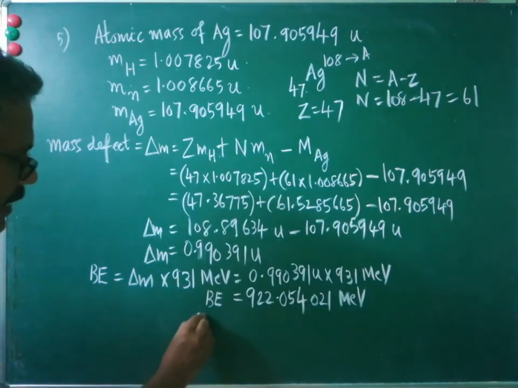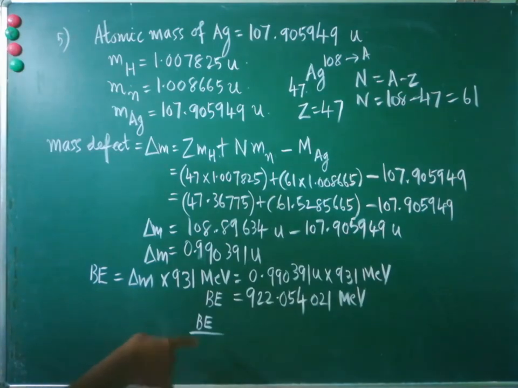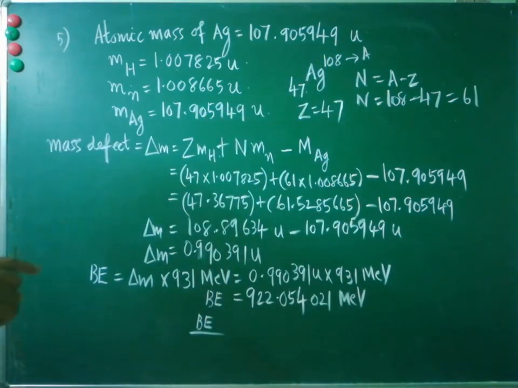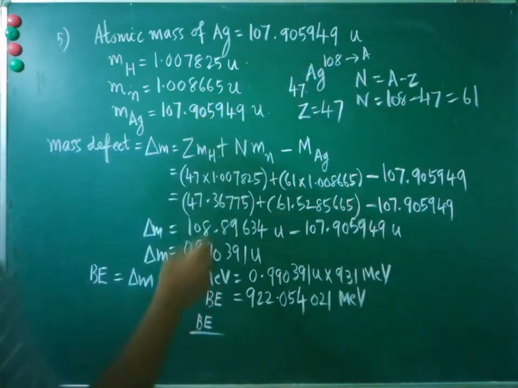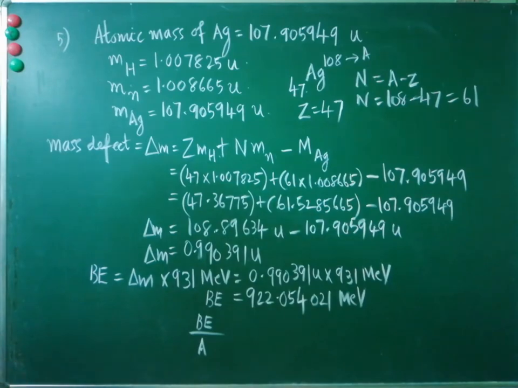That is called binding energy per nucleon. How to calculate? The binding energy should be divided by which one? The mass number. That gives you the total number of protons and neutrons. So binding energy divided by mass number gives you binding energy per nucleon.